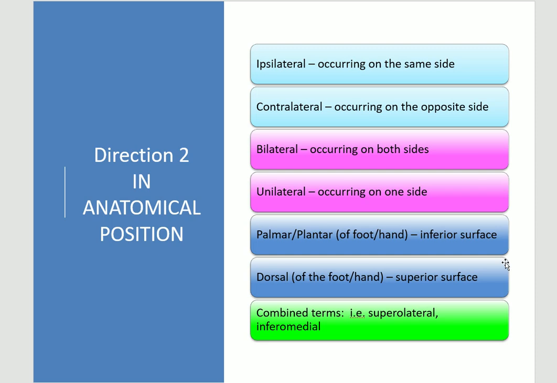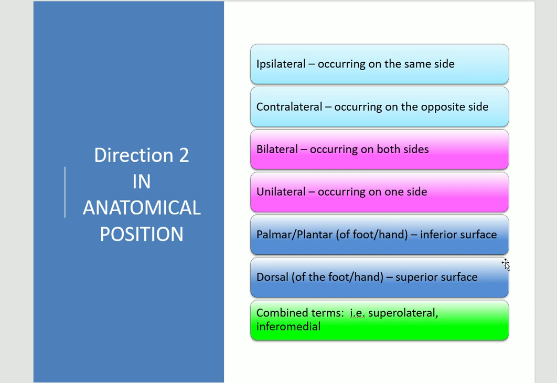Dorsal is going to be the top of the foot. Sometimes we see combined terms like superolateral, so it's not exactly superior or lateral, but it's both. Inferomedial, it's not exactly inferior or medial, but it's both. You'll see that coming up, but we'll talk about those as they come up.